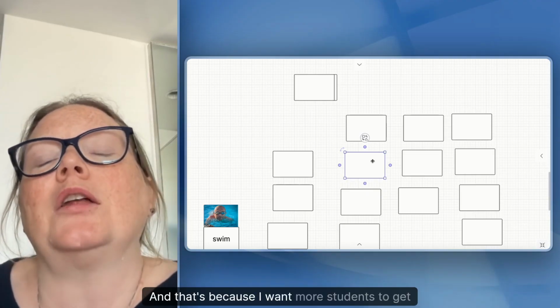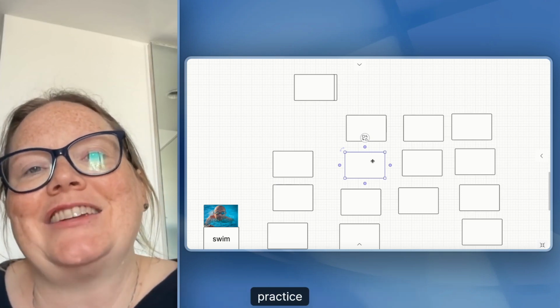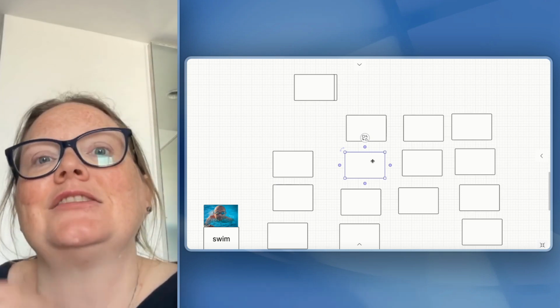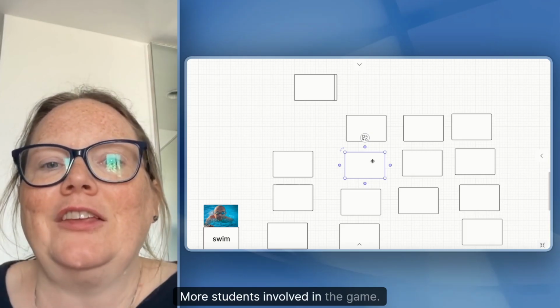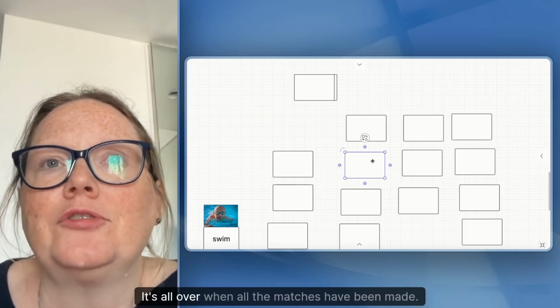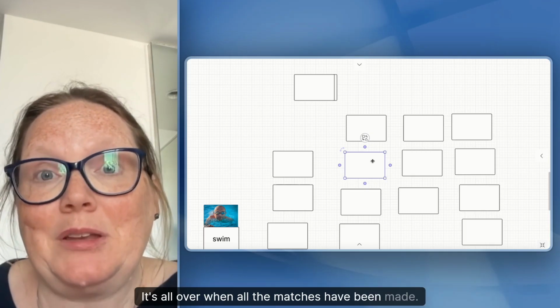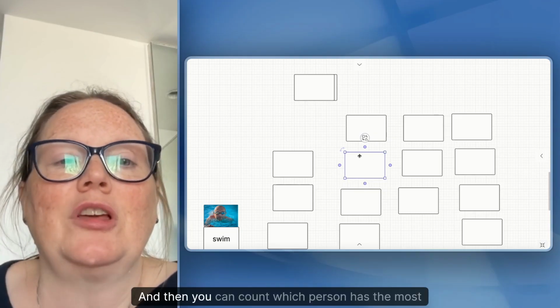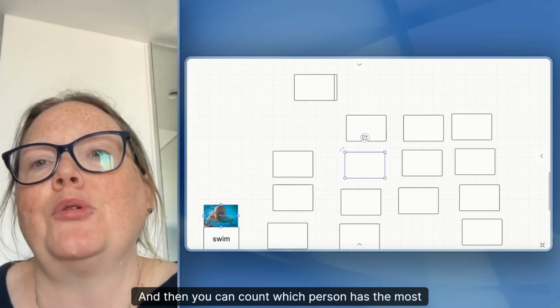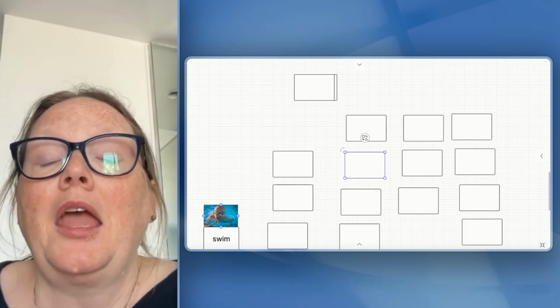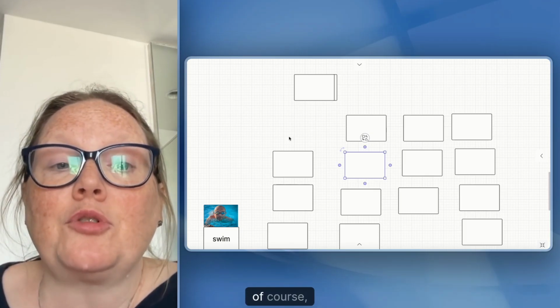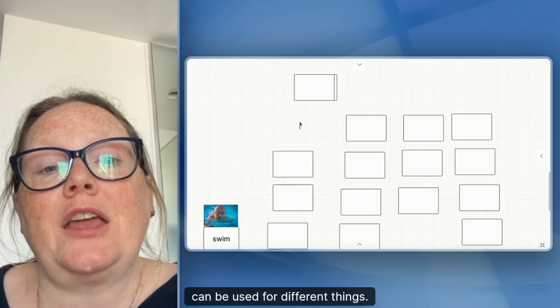That's because I want more students to get practice saying sentences, more students involved in the game. It's all over when all the matches have been made, and then you can count which person has the most sets.